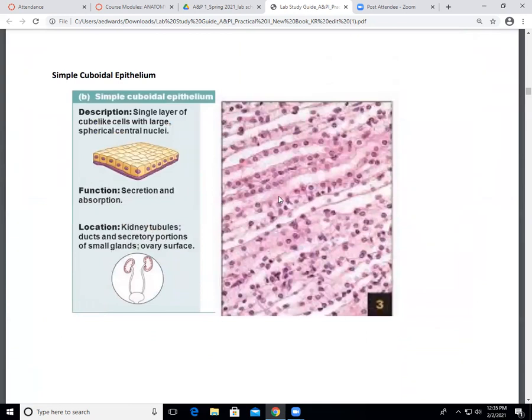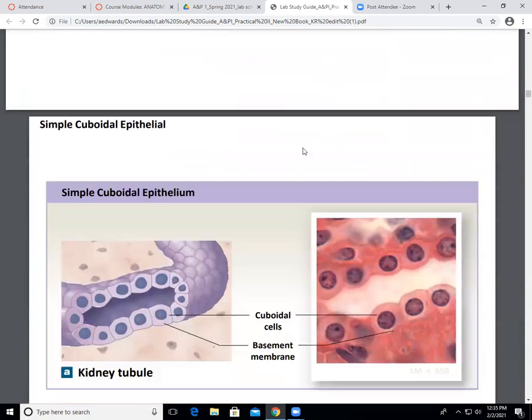Okay, now we have simple cuboidal epithelium. See these in kidney tubules? They help with secretion and absorption. You've got a large central nucleus in a cube-like cell. Okay, a lot of these are cube-like, one layer. So it's simple cuboidal.